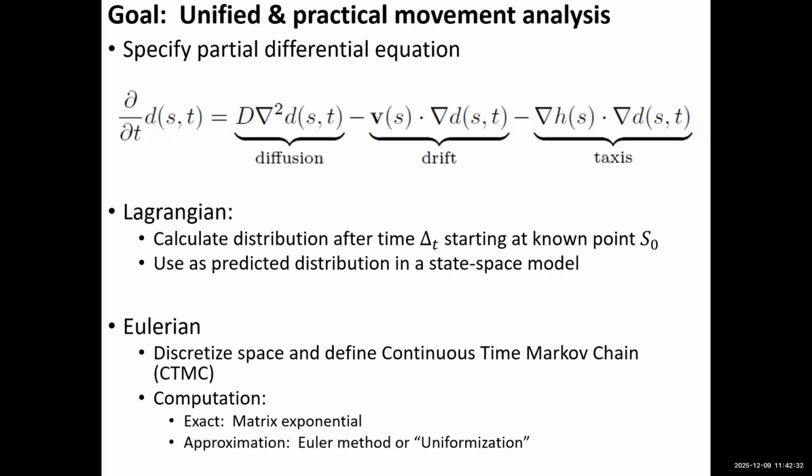If you think about a density function in continuous space and continuous time, the change at a given spot over time is explained by, first, the curvature at that spot, which is the diffusion, the spatial curvature, the Laplacian at a given spot.